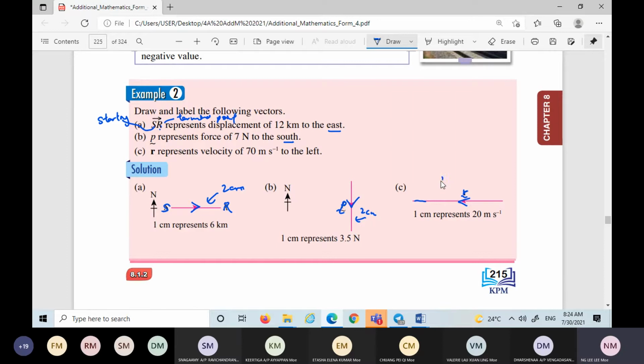Is it 3.5 centimeters you have to draw? Correct. 3.5 times 20 is 70. Correct. So this is how you do it.